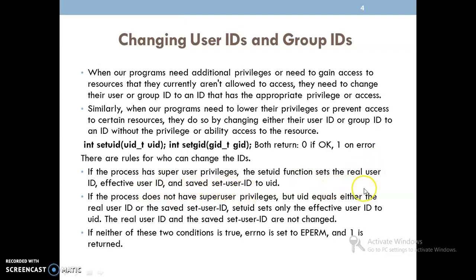The one point I wanted to clarify here: the real user ID is nothing but the real owner of the user, and the effective user ID is nothing but who got the access permission.